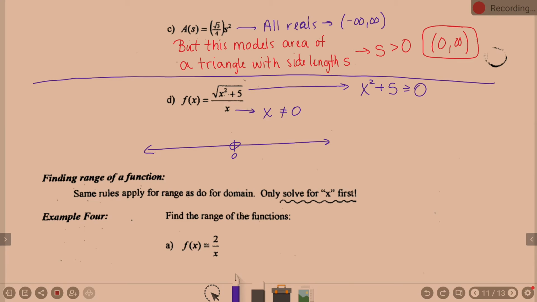Okay, are you solving? I don't know. Okay, so I can't go the factor route because x squared plus 5 doesn't factor. So if we go the subtract route, x squared greater than or equal to negative 5.